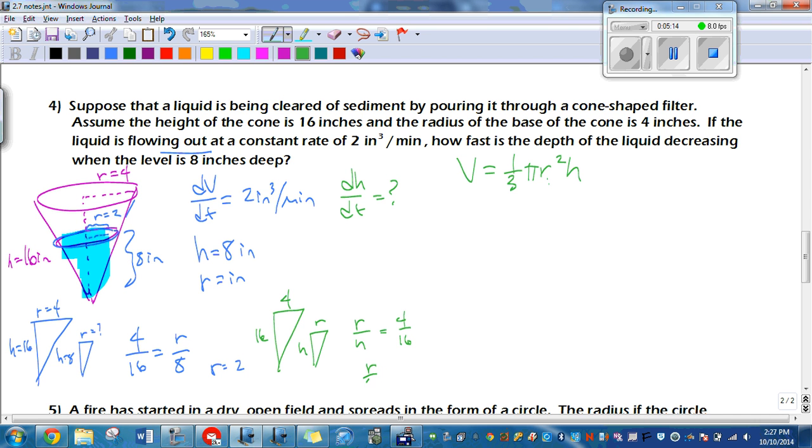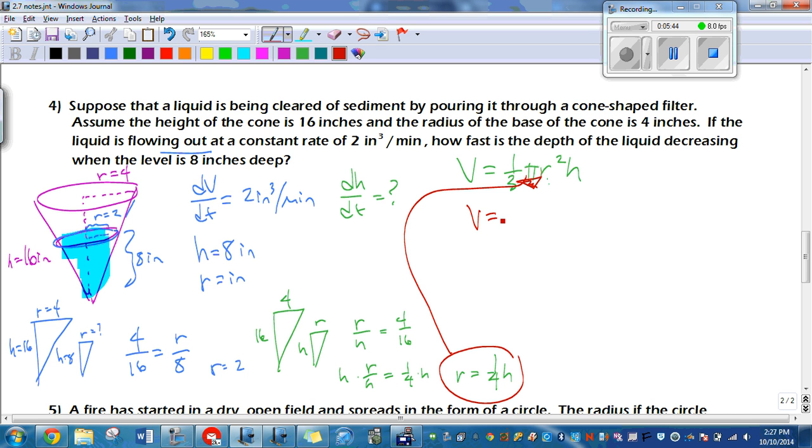So the radius over the height equals 1 over 4. All that means is the radius is always 1/4 of the height, or the height is 4 times the radius. We can solve this for r pretty easily. The radius is just 1/4 of the height. So we set up this proportion, and we can substitute it in for r.